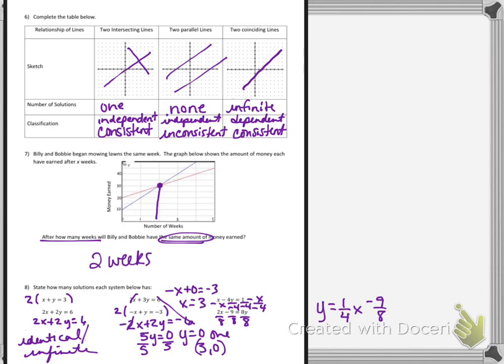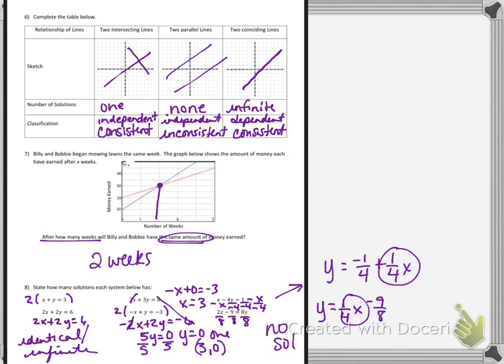So when I do that, I get y is equal to negative 1/4 plus 1/4 x. And you can see that the slopes are the same. So these are going to be parallel, so there's going to be no solutions. None or no solution, because they are parallel.